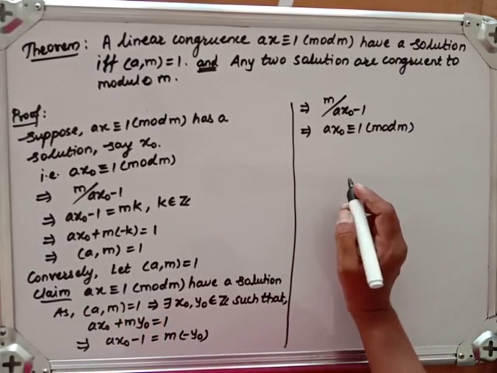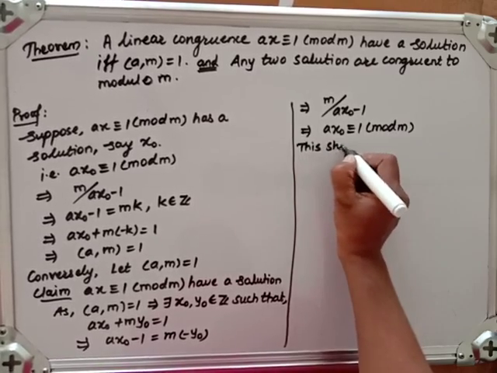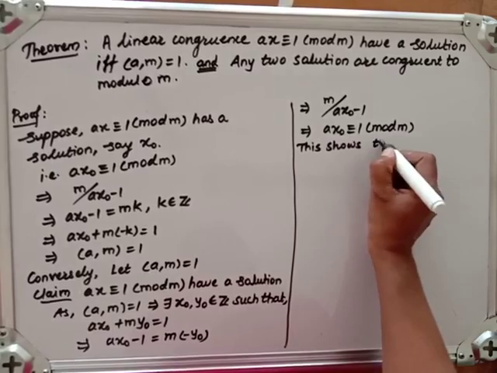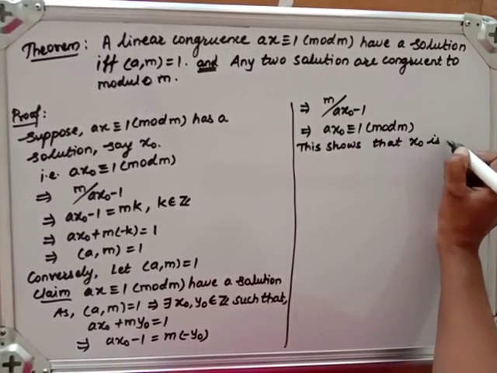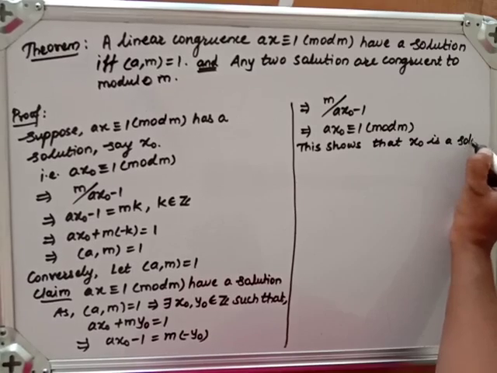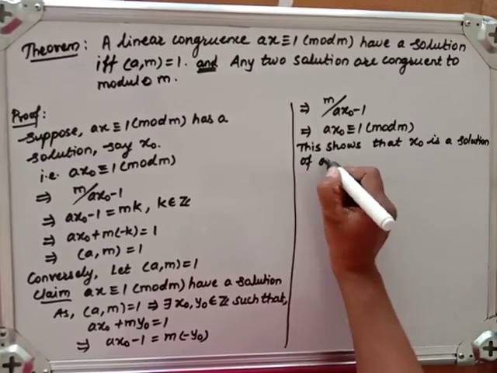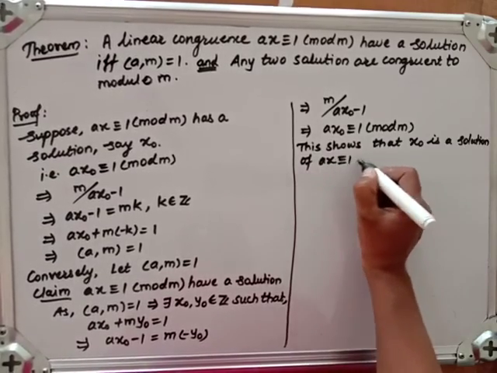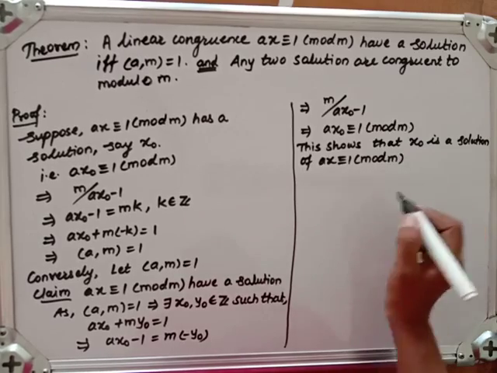This shows that x0 is a solution of Ax congruent to 1 modulo m.